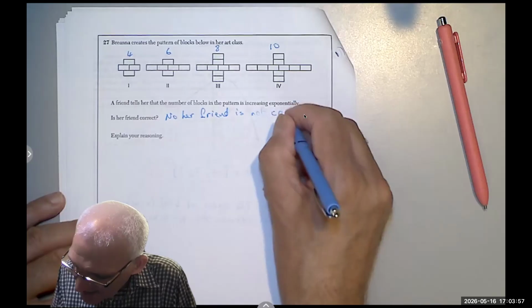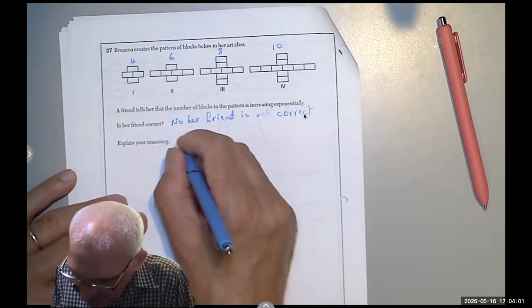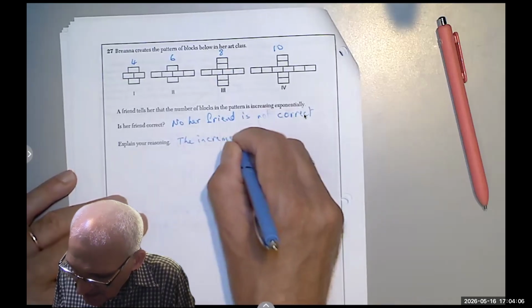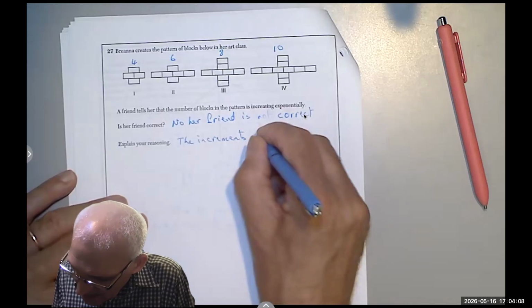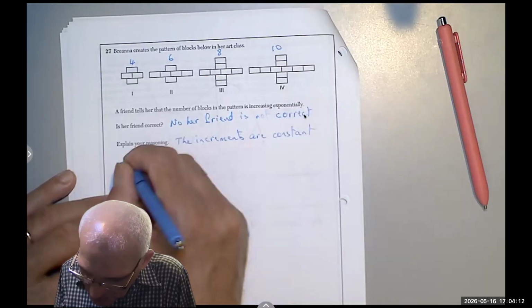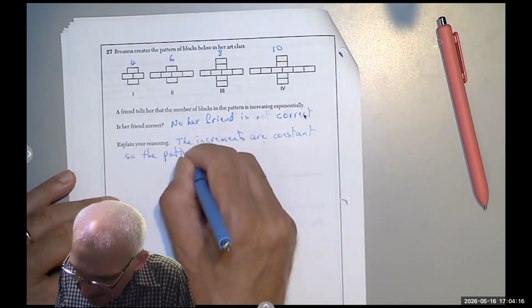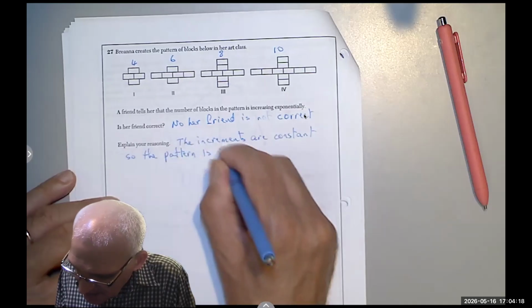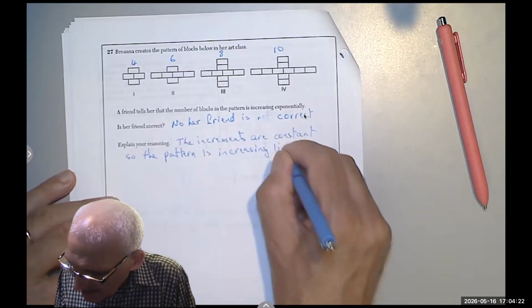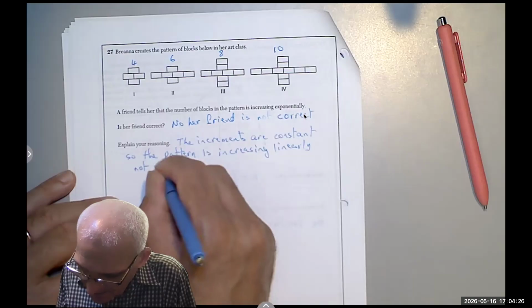Explain. Well, the increments are constant, so the pattern is increasing linearly, not exponentially.